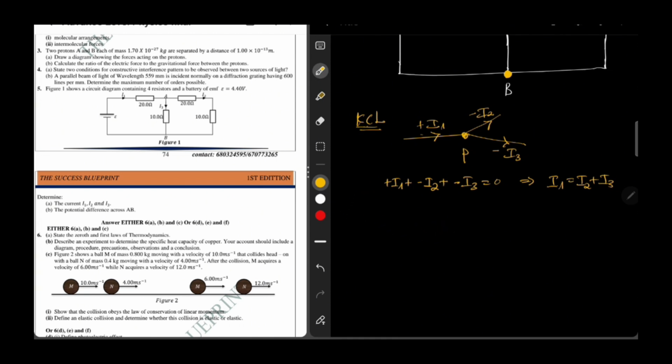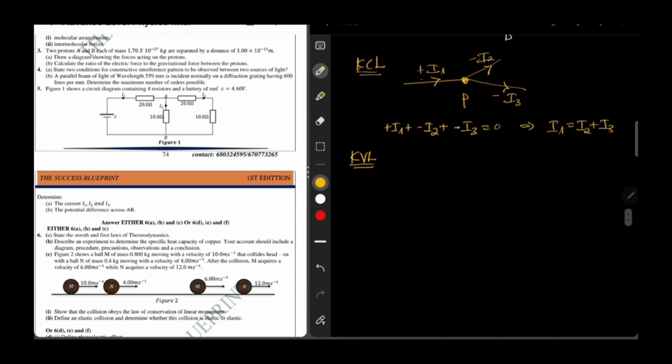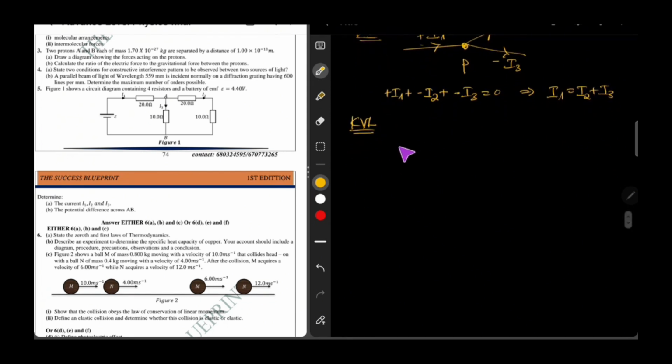Next, we consider Kirchhoff's voltage law, abbreviated KVL. This law, as I said, is applied across loops, and we have 2 scenarios: the case of a battery or a cell and the case of a resistor. Generally, the short bar here is considered lower potential, denoted negative, while the longer bar is considered higher potential, denoted positive.